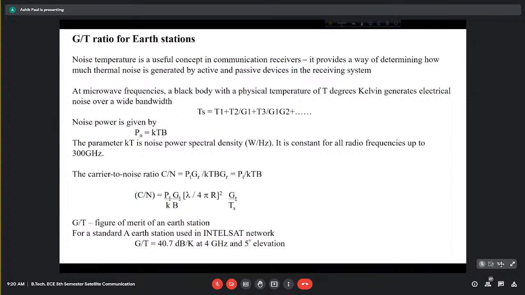So that is why we should try to see that the overall system noise temperature should be as low as possible, and that could be ensured only when the first few stages contribute very little noise but have very large gains. Okay, so in case of a satellite signal receiver, or any other kind of communication receiver, the first few stages assume importance when we are trying to calculate the overall system noise temperature.